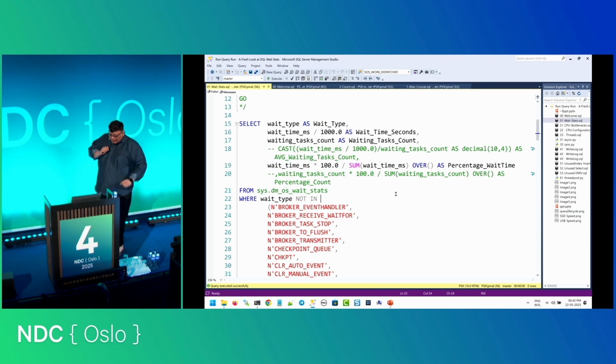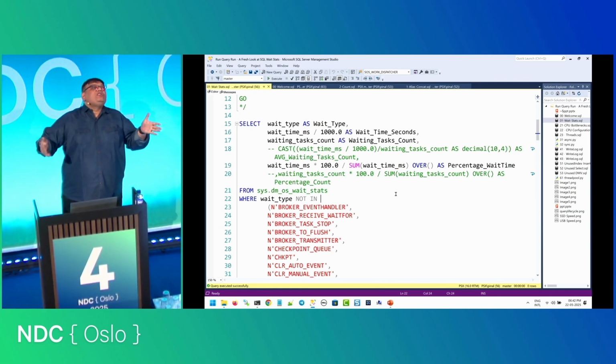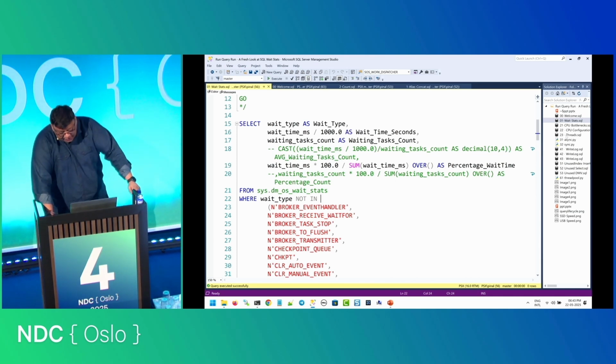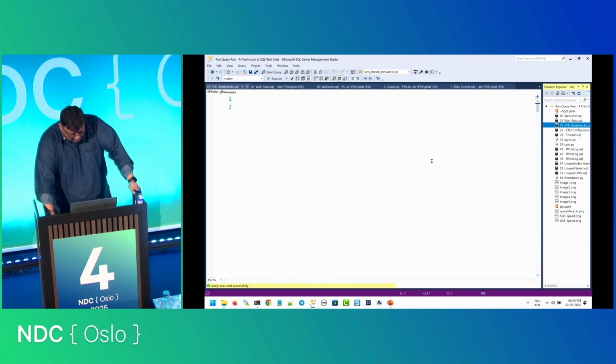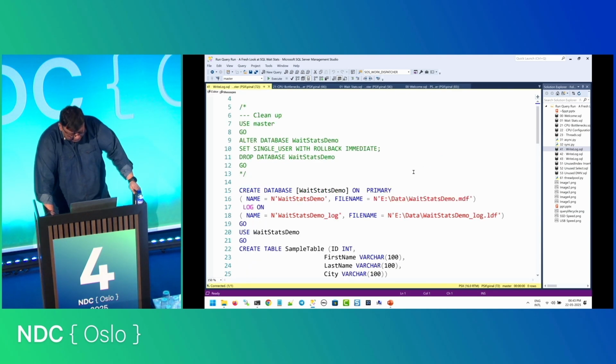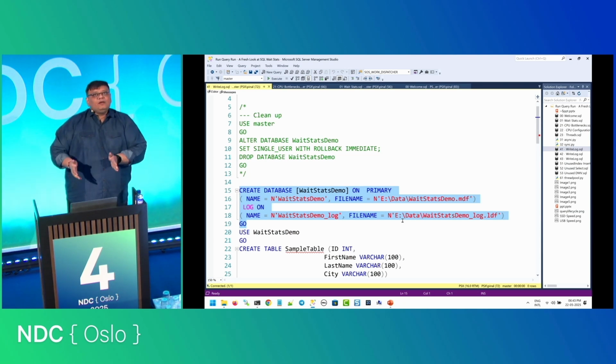Instead of asking a question, I want to demonstrate it, identify the problem, and solve it with you. So we are going to create three different situations. First, I am going to put both drives together, the data and log together.